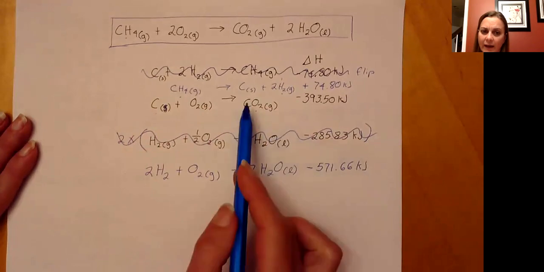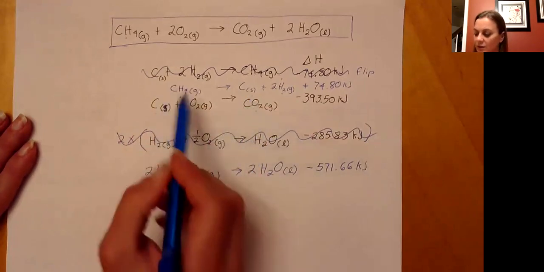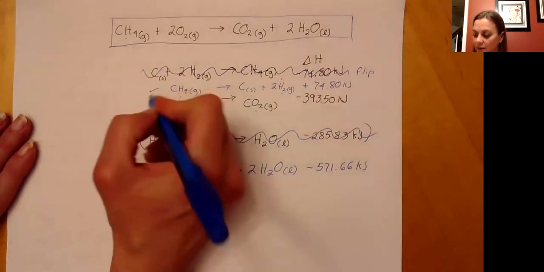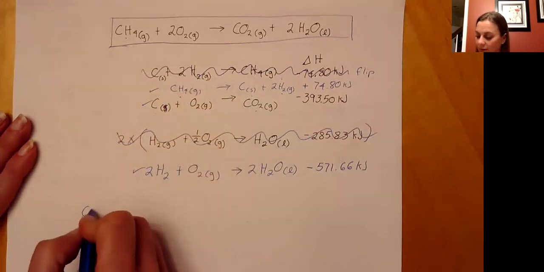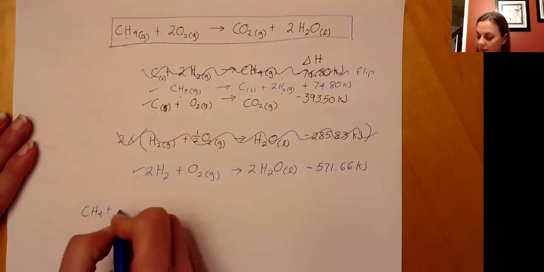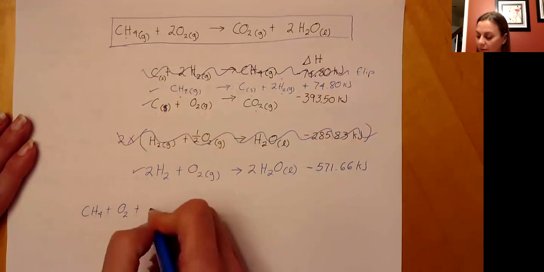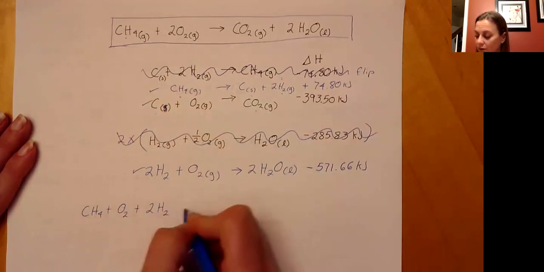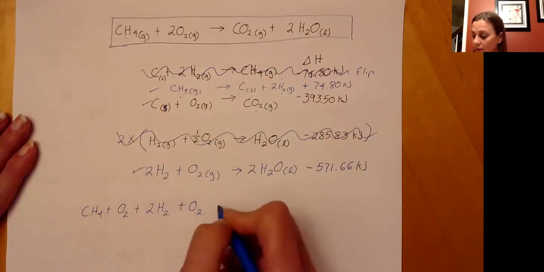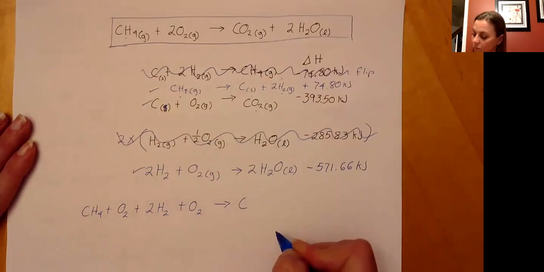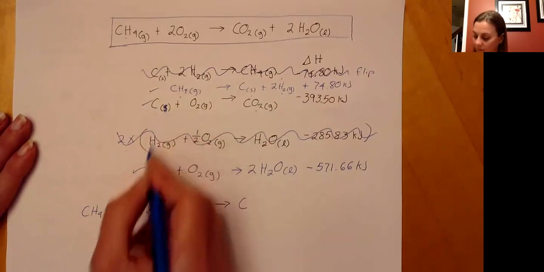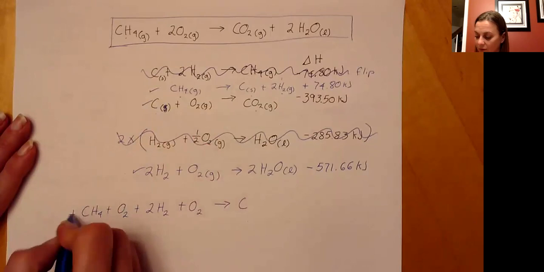Now, if I add all these reactions up, these three reactions, this one, and this one, and this one, I will now have methane plus oxygen plus 2 hydrogen plus oxygen yields carbon. Oops, I left out a carbon when I brought it down, so I'm just going to put it over here.